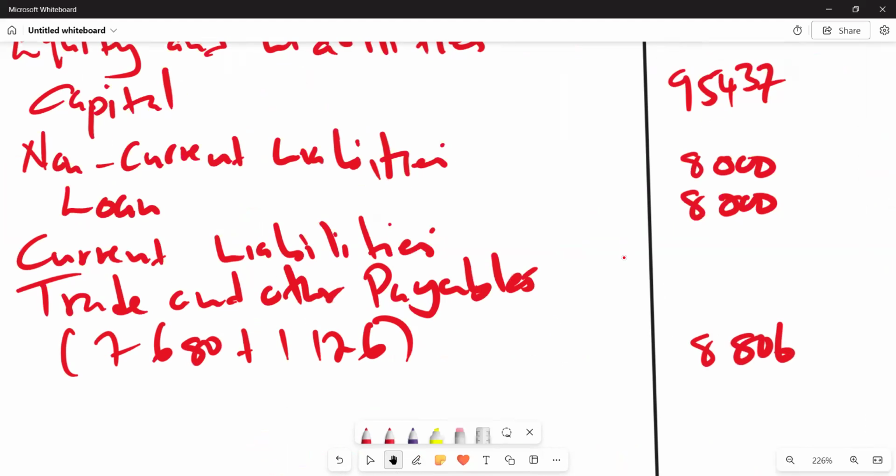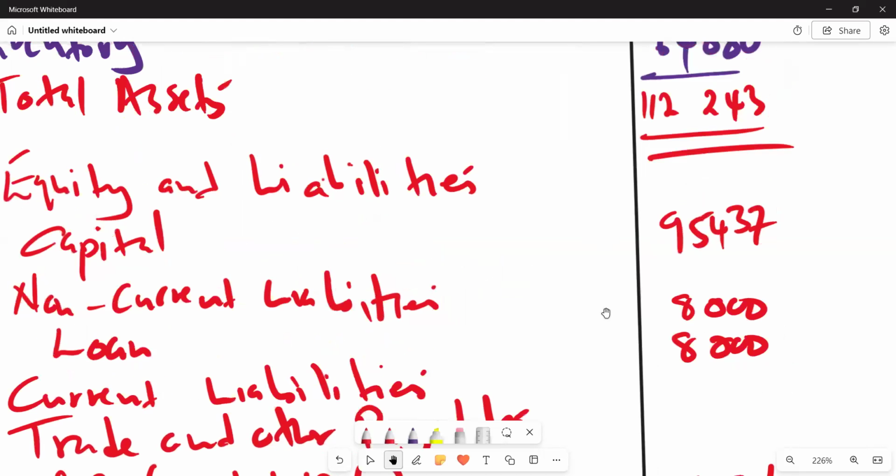So from there, we can now add the second part so that we can get the second balancing figure by saying our capital plus our liabilities. So let's just check those figures. Remember, for our capital, we have this figure. This is our capital. We add the non-current liabilities figure 8,000.